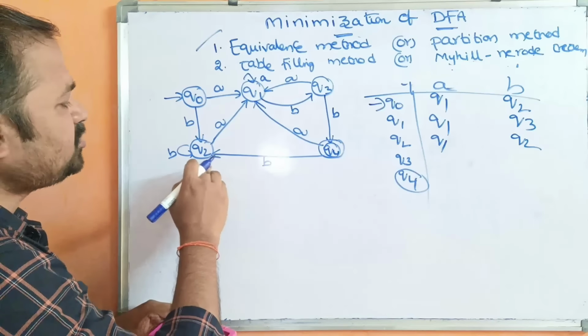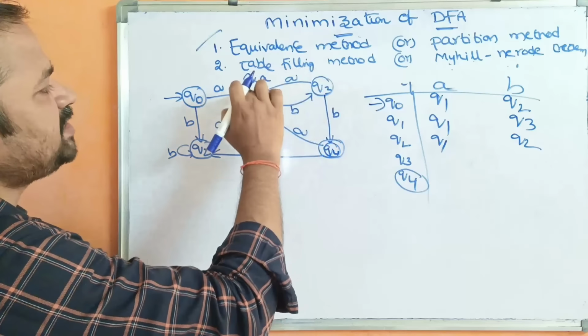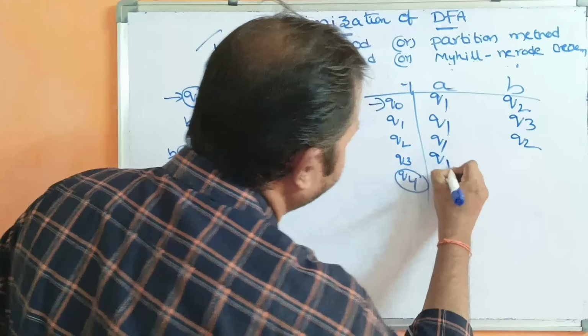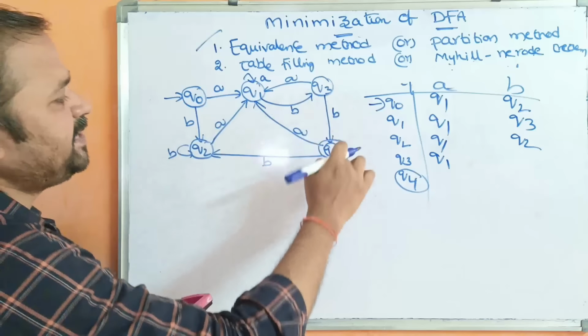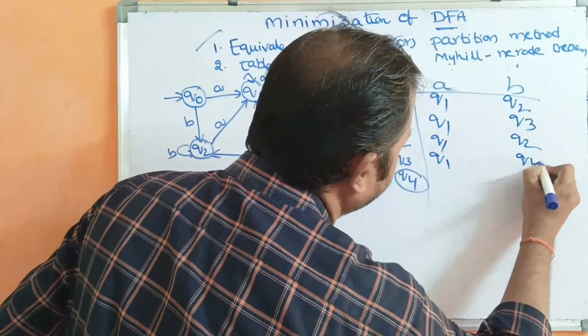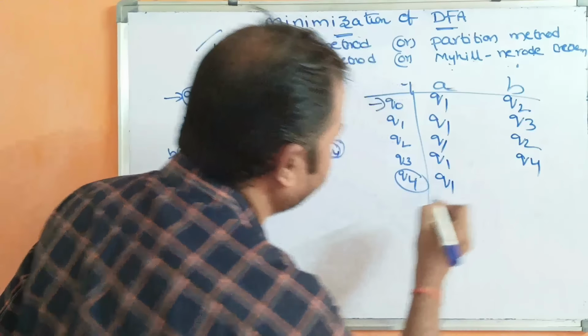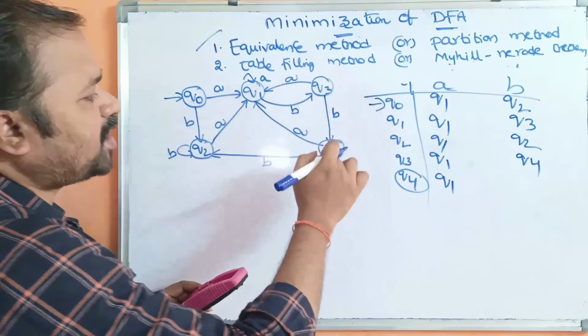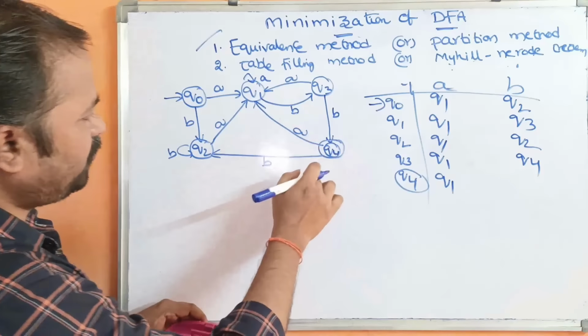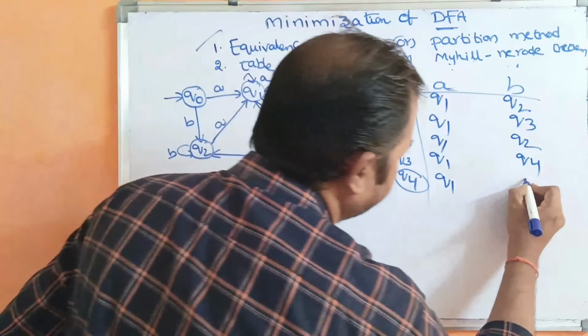Next, Q3 on A goes to Q1, Q3 on B goes to Q4. Next, Q4 on A goes to Q1, and Q4 on B goes to Q2.